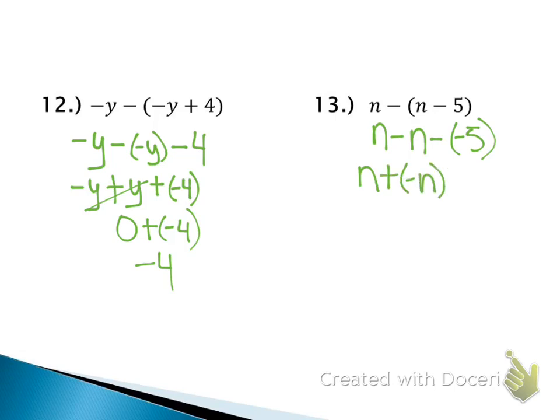So adding negative n and adding the opposite would mean I'm just adding a positive 5. Once again, our variables are opposites, and we're adding them together, which means they zero out. So we have 0 plus 5, or just 5.